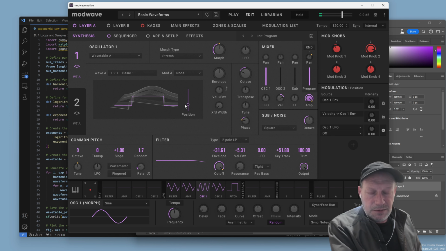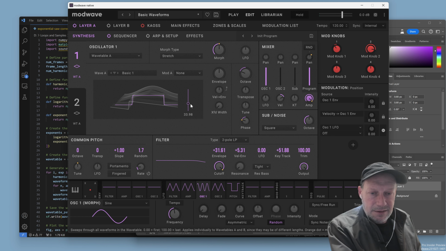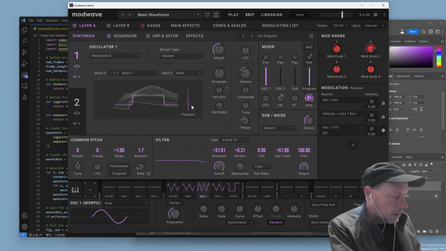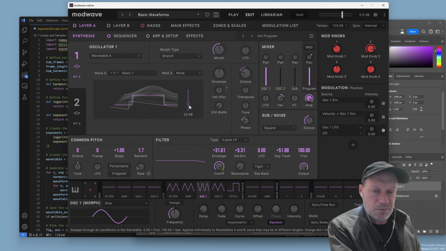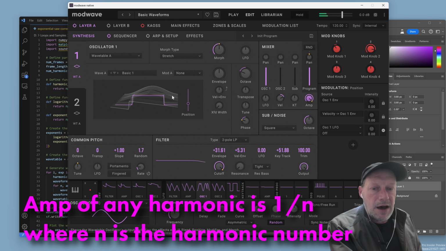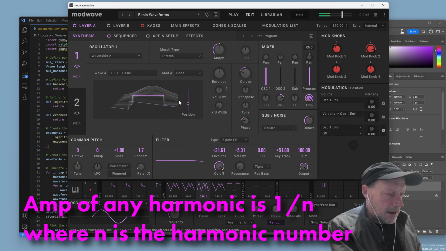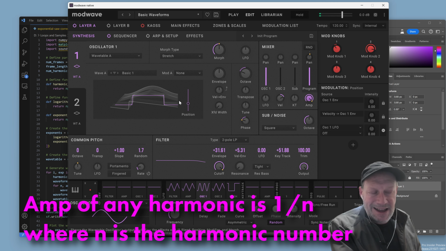Now, the difference between the square wave and the triangle wave is two things. We'll get to the second one a little later. The first thing is that, of course, they only have odd harmonics. So the square wave and the triangle wave are similar in that they only have odd harmonics. The odd harmonics in the square wave drop off with an amplitude ratio of 1/n.